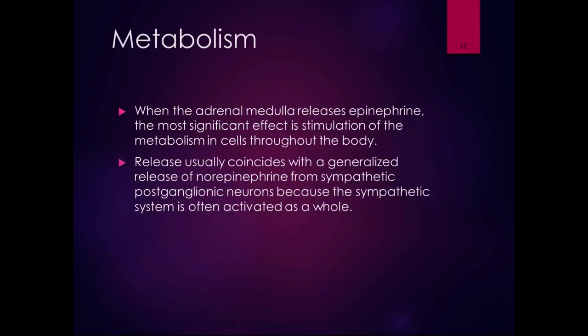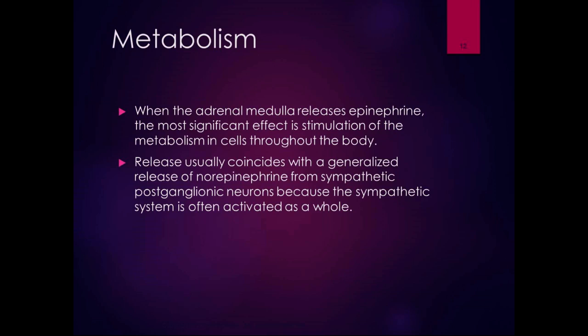So when the adrenal medulla releases epinephrine, the most significant effect is stimulation of the metabolism in cells throughout the body. And the release usually coincides with a generalized release of norepinephrine from sympathetic postganglionic neurons, because the sympathetic system is often activated as a whole.